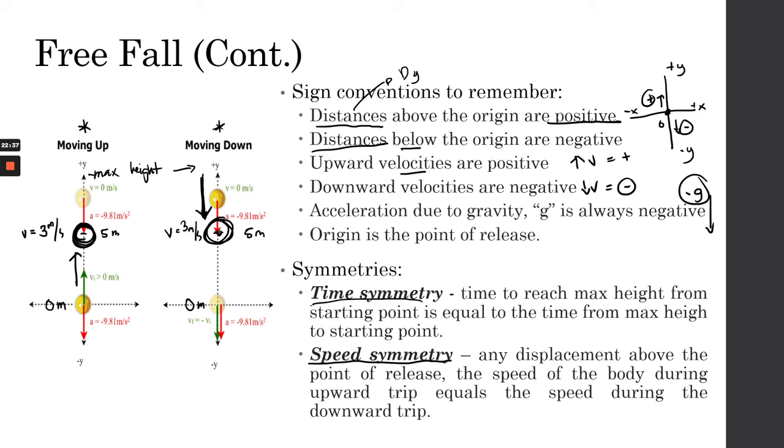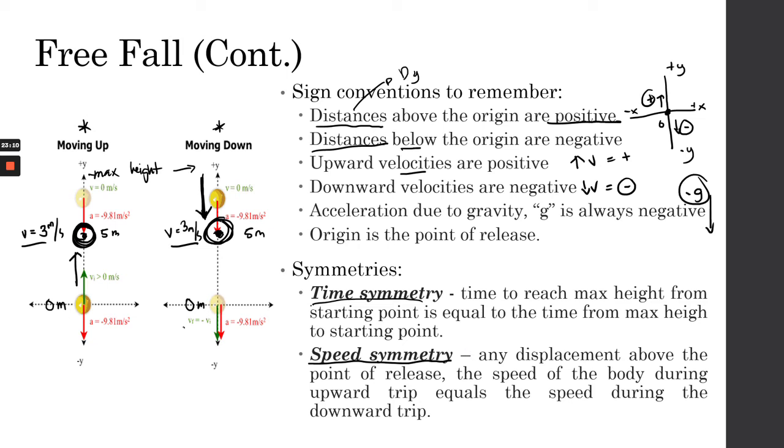What do we mean by that? At this 5 meter point above the origin, when it goes up, it is 3 meters per second. But after it has reached the maximum height and starts to go down, when it reaches that same point, 5 meters above the origin, the velocity would still be 3 meters per second. So that is speed symmetry.